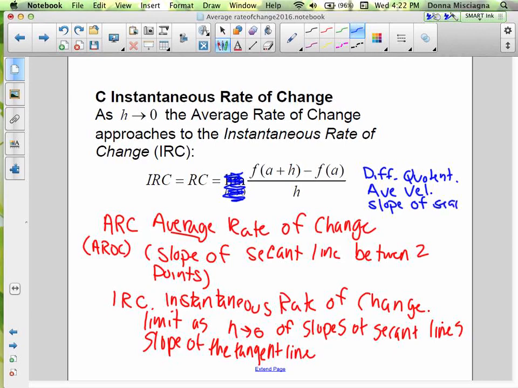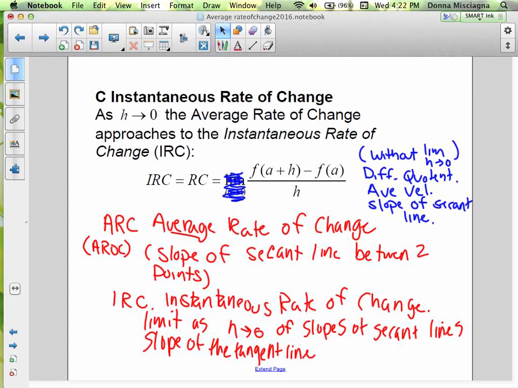Oops. I'm missing a C in there. Slope of the secant line. So if I take away the word limit, that's all that is. Right? This is without the limit.